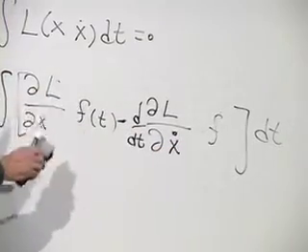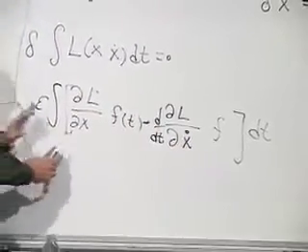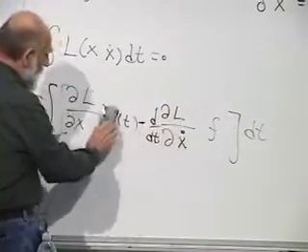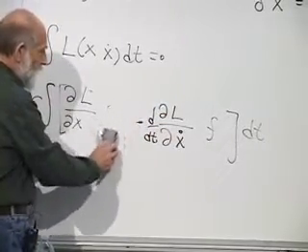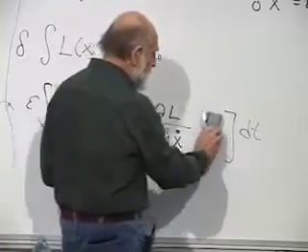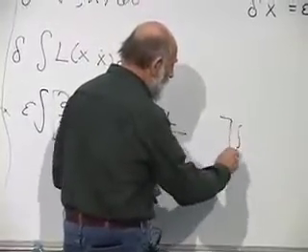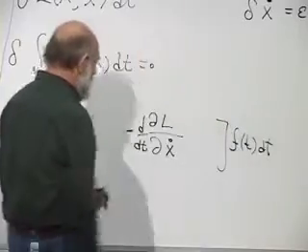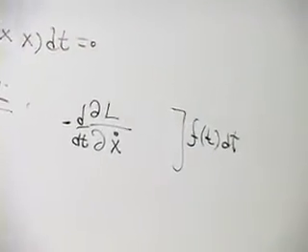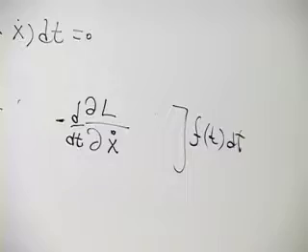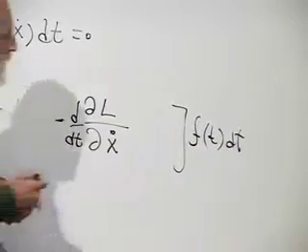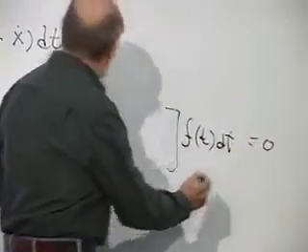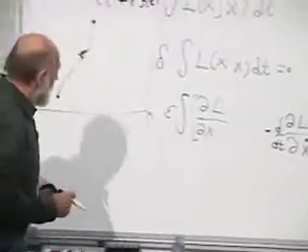So that means we can factor out of the bracket, not out of the integral, but out of the square bracket here, we can factor f. Both terms are proportional to f, and we have f of t dt. Now, what do we want to be true? We want this to be equal to 0 for every possible variation f of t.